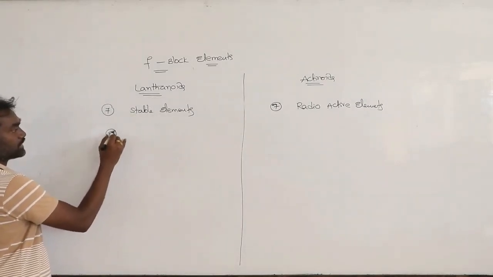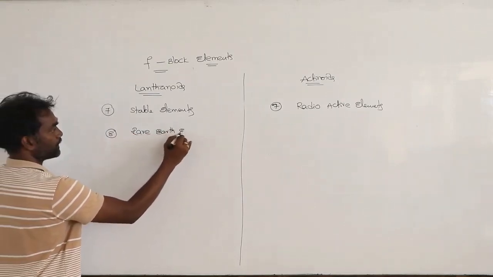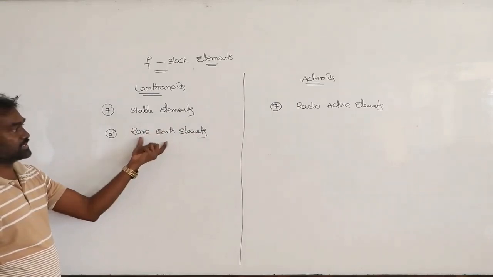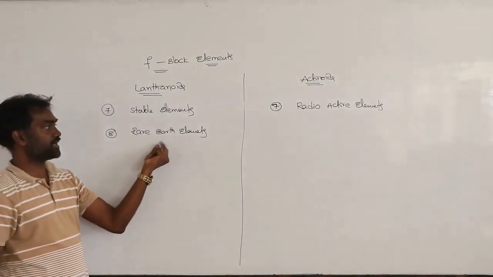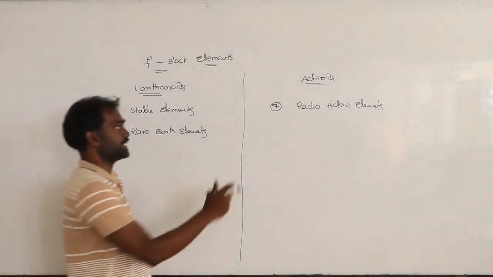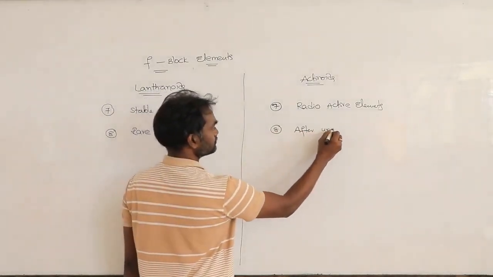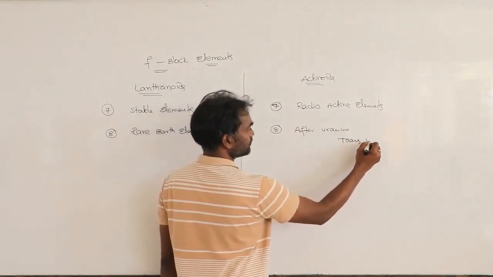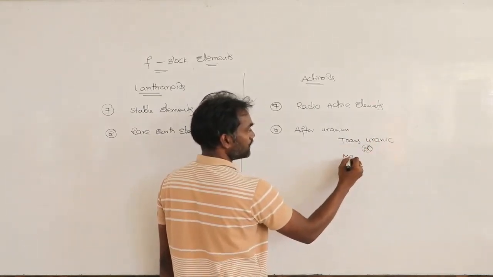Then lanthanides are rare earth elements. Generally stable, they are available in sand, the seaside sand. They are rarely available on earth, so they are called rare earth elements. Here, after uranium, we call them transuranic, otherwise man-made elements.